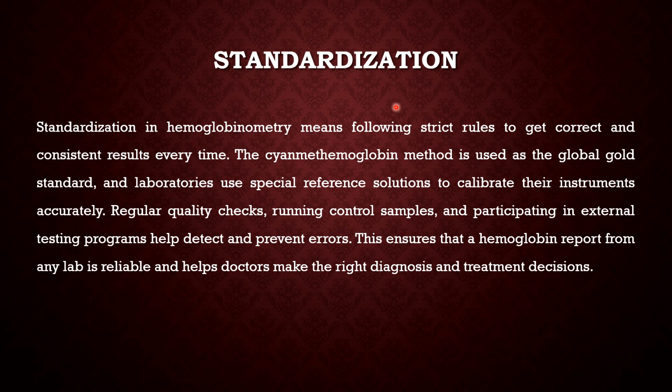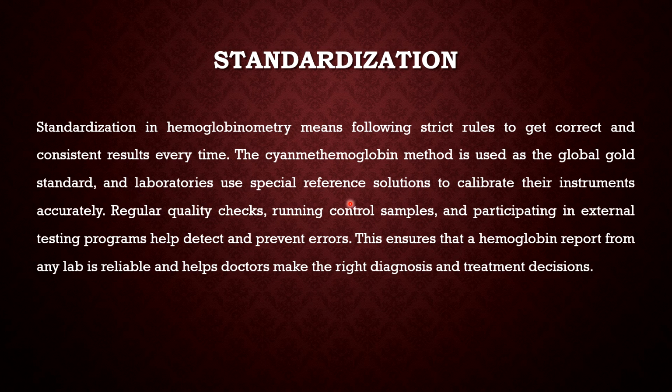Now, what is standardization? Standardization in hemoglobinometry means following strict rules to get correct and consistent results every time. So a machine should be standardized so that the correct result can be given to the patient party. The cyanmethemoglobin method is used as the global gold standard.